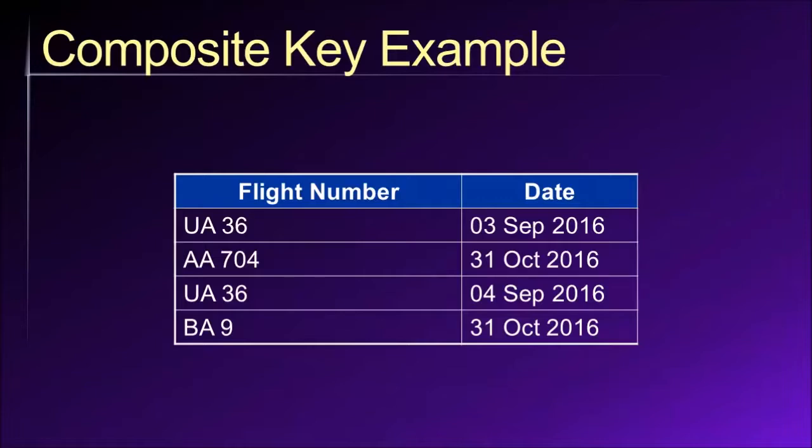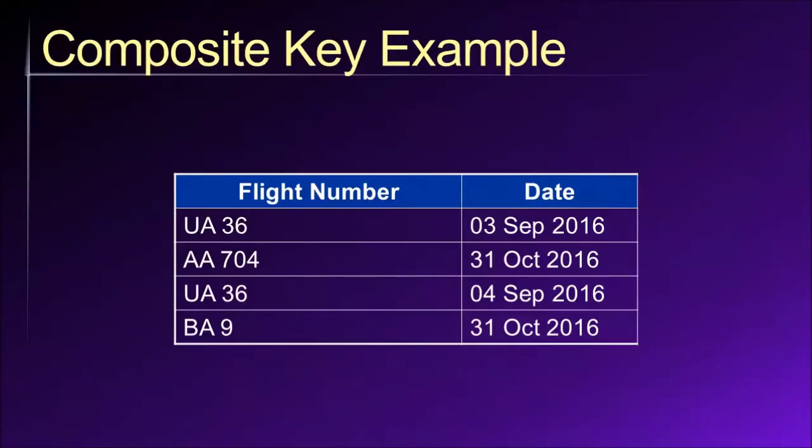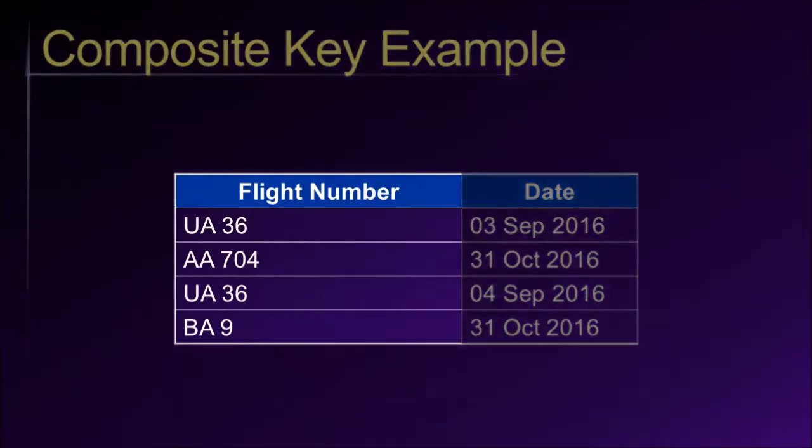However, if we combine UA36 with the date upon which that flight took place, those two values together are unique within the table. And this is true for all of the flights that are listed within this table. If we examine the flight number column, we can see that it's possible to have more than one flight with the same flight number.